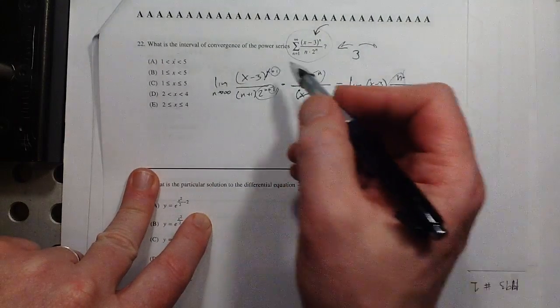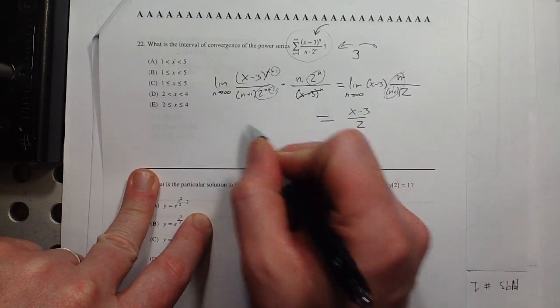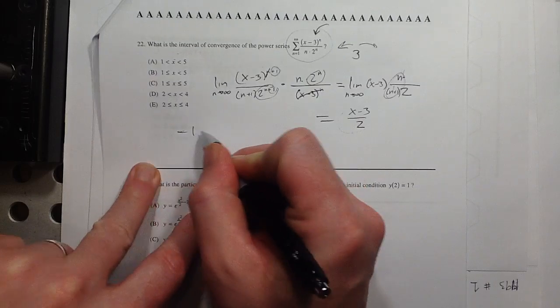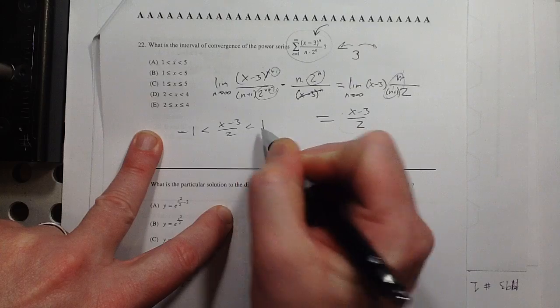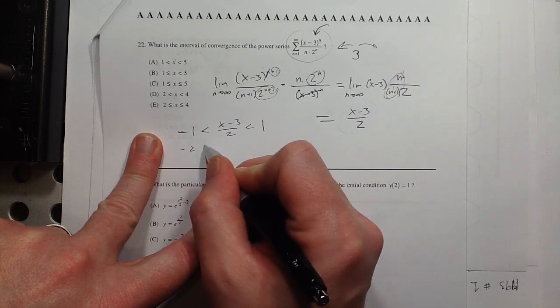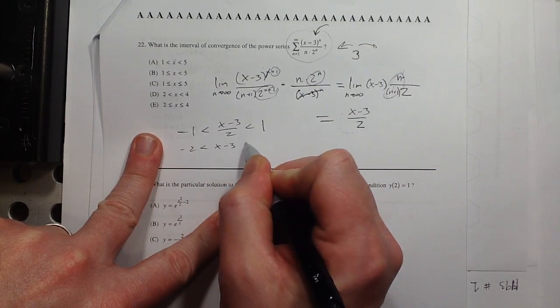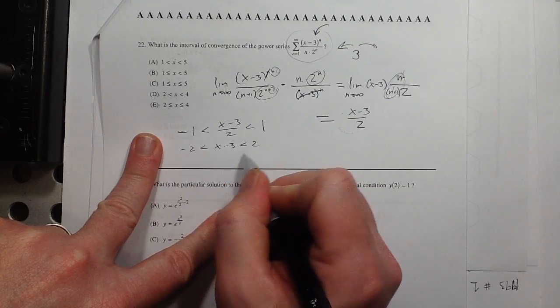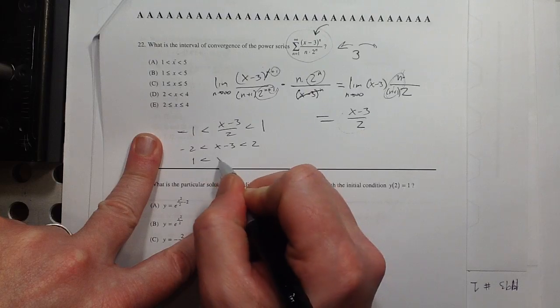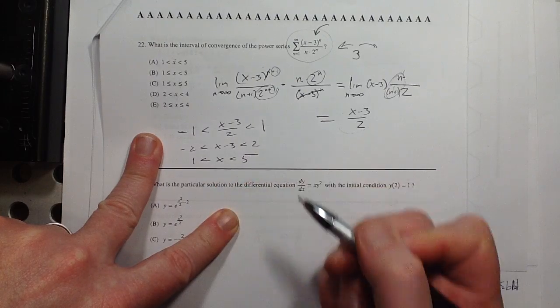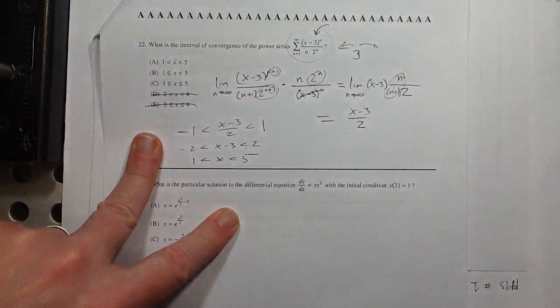And to find the interval of convergence, that thing needs to be between negative 1 and 1. Algebra. Add 3. Okay, so it's not those.